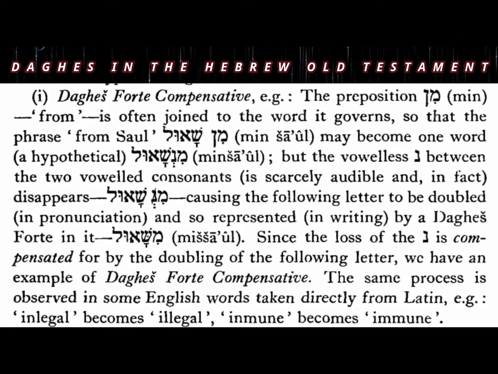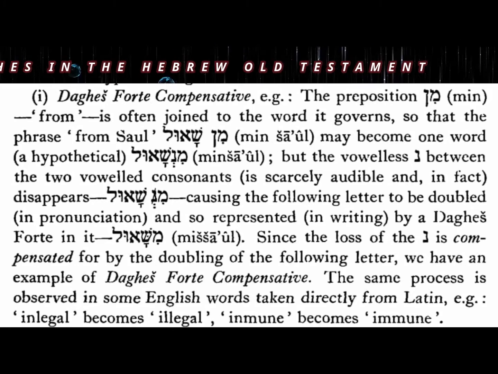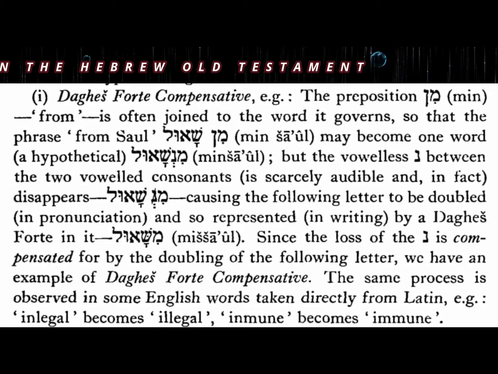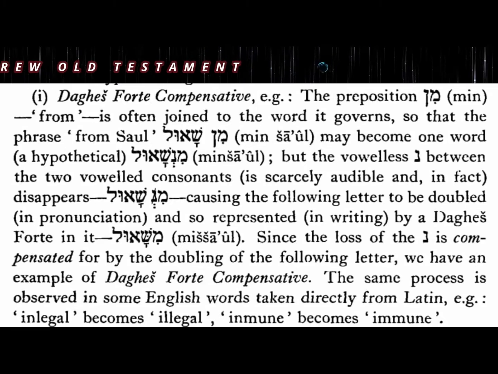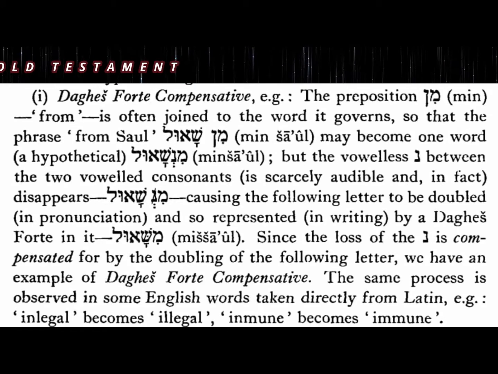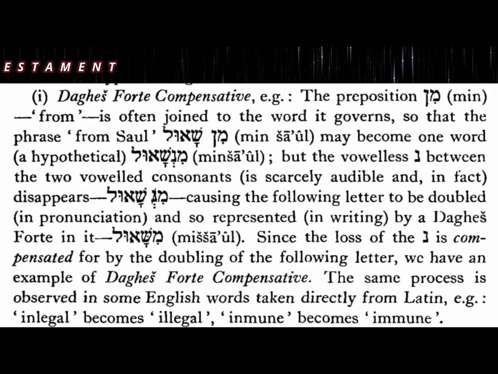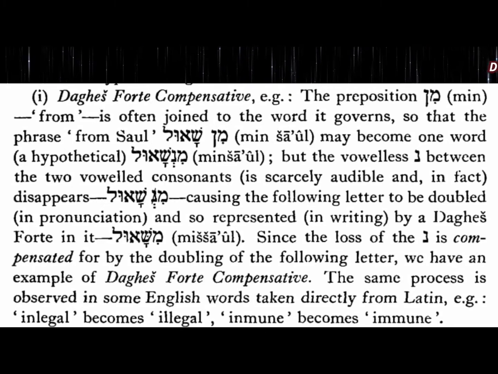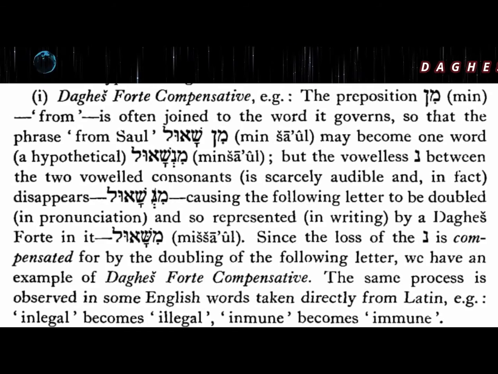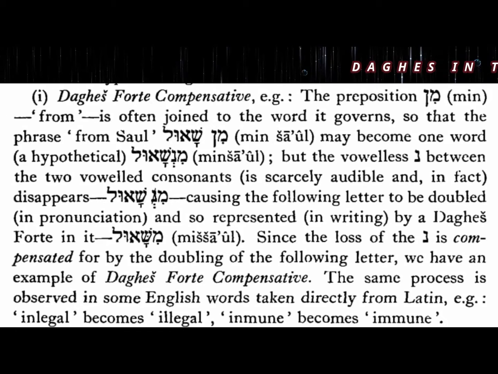Immune: I-N-M-U-N is what it should have been, but it becomes immune because you have removed that N and you have doubled the M to make it I-M-M instead of I-N-M. So that is how it becomes Dagesh Forte compensative.